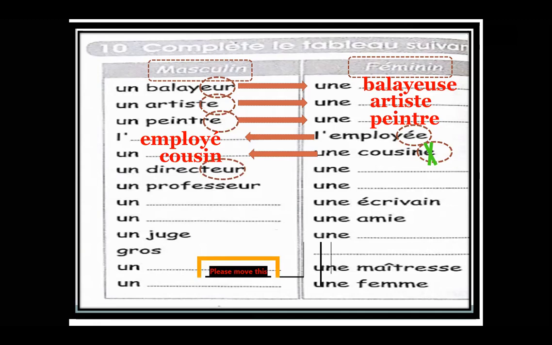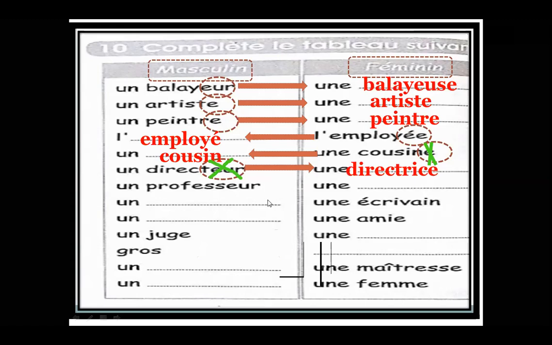We will remove these 4 letters and replace them with directrice. We replace them by these letters, five letters, T-R-I-C-E.